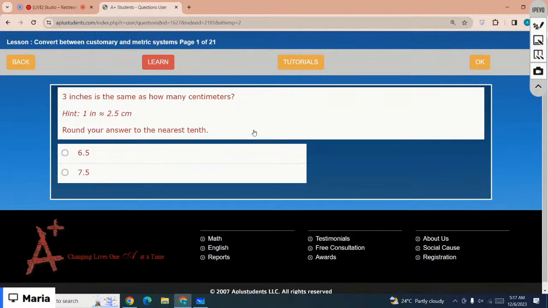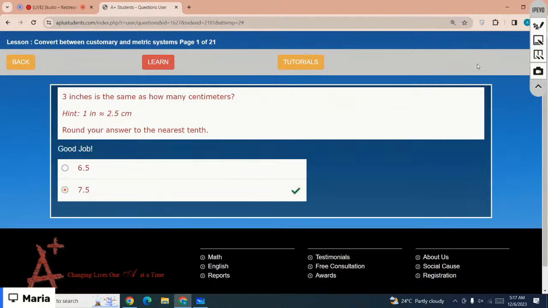Yes, that is 7.5. So the correct option is you need to do 3 times 2.5, right? So that means 7.5 is the correct option.